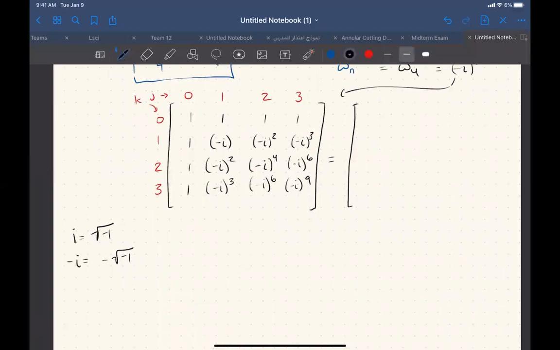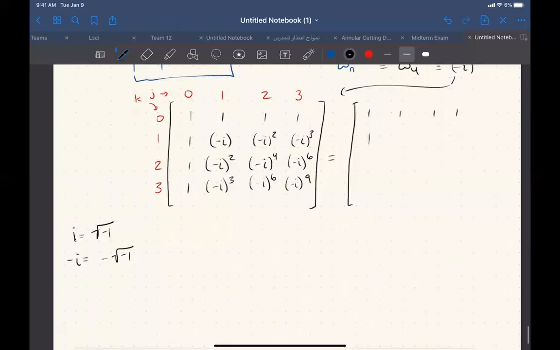So here we'll have 1, 1, 1, 1, and 1, 1, 1, 1. Here is negative i, so that's simply negative i. Negative i squared gives us negative 1.